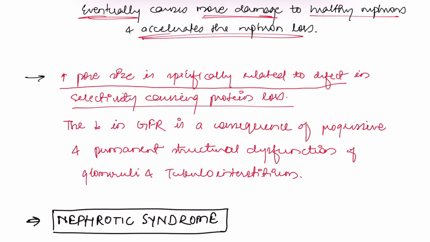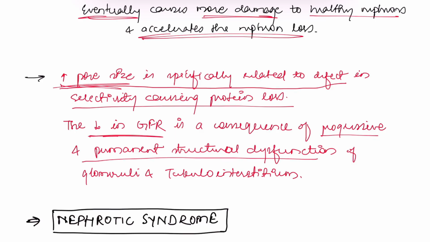That means the main factor in protein loss or proteinuria is increase in pore size, but decrease in GFR is the consequence of progressive and permanent structural dysfunction.